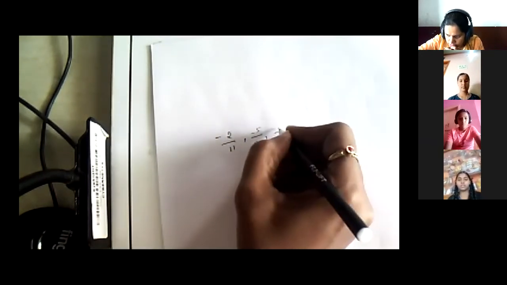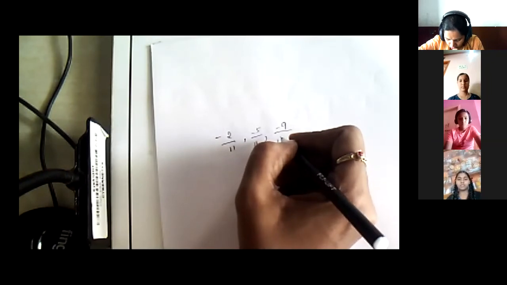That is representation of minus 2 upon 11, minus 5 upon 11, minus 9 upon 11 on the number line.